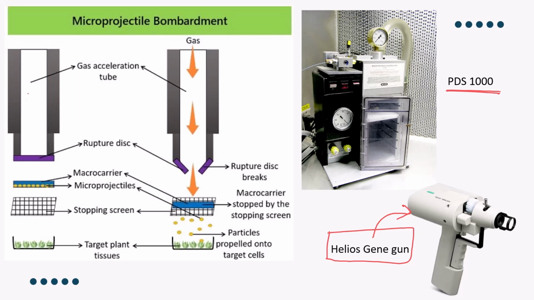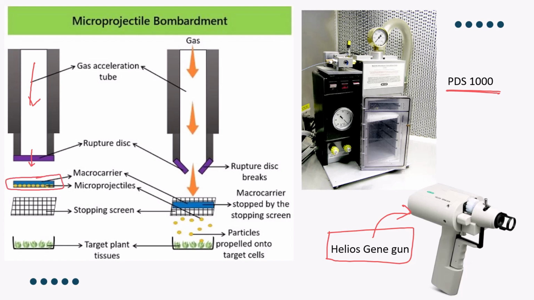Here, this is the tube where the helium gas helps in the acceleration of the particle. This is the rupture disc, and this disc breaks open to allow the pressure to fall onto this.